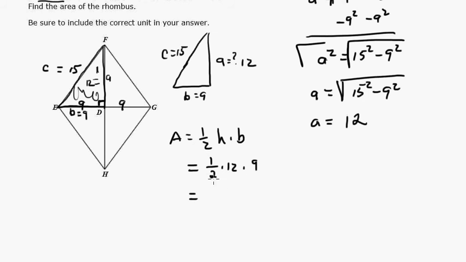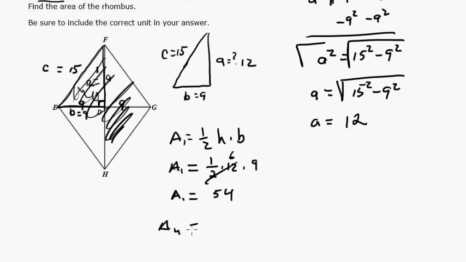So half of 12 is 6, and 6 times 9 is 54. So that's the area of one triangle. If I wanted to get all of this area, I would have to multiply by 4, since there are 4 of them.